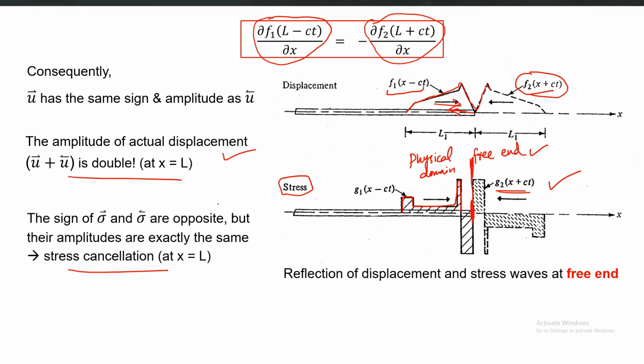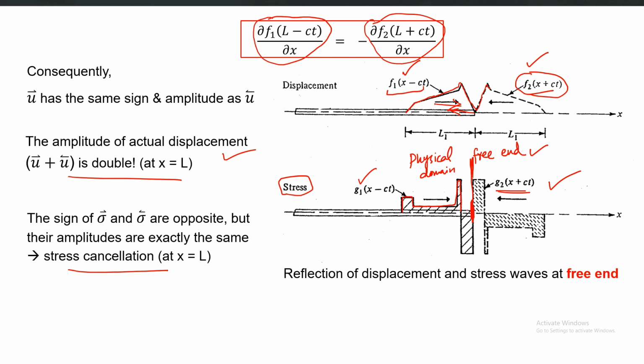So here you can see the f1 function and f2 function have the same directions. F2 function is not negative. And for a free end, you should know that the stress at the free end should be 0. So this is confirmed by the variation of the G1 and G2 functions, where the G1 function is the approaching stress and the G2 function is the reflecting stress, and they are cancelling out each other.